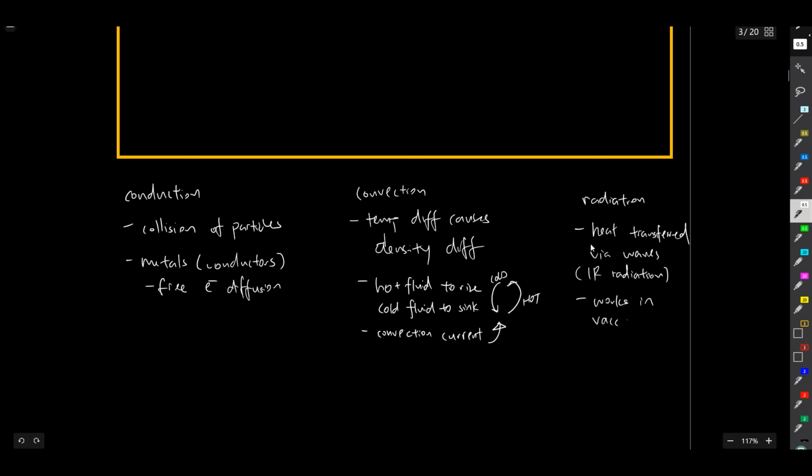Waves don't need any particle to pass through. This is not a sound wave. A sound wave would need particles, but this is an EM wave. EM wave is like light. If you can see sunlight, then this will be fine. So that's the basis of these three, just a quick summary of how it actually works.